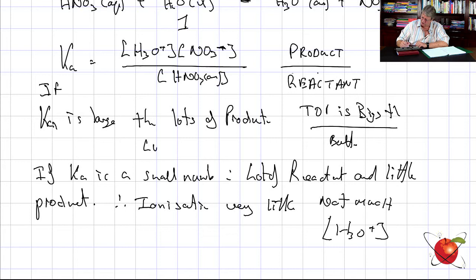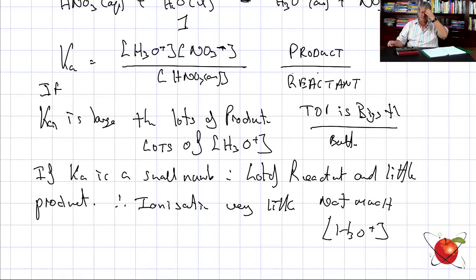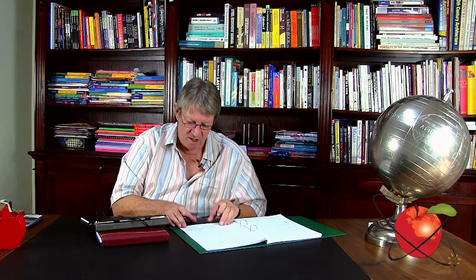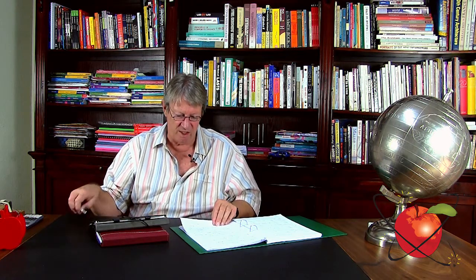Here we've got lots of H3O plus, because it's a product. Therefore, the higher Ka is, the more it's ionized and the less reactant remains. It's all split up into the H3O and the conjugate base portion. This is quite straightforward.